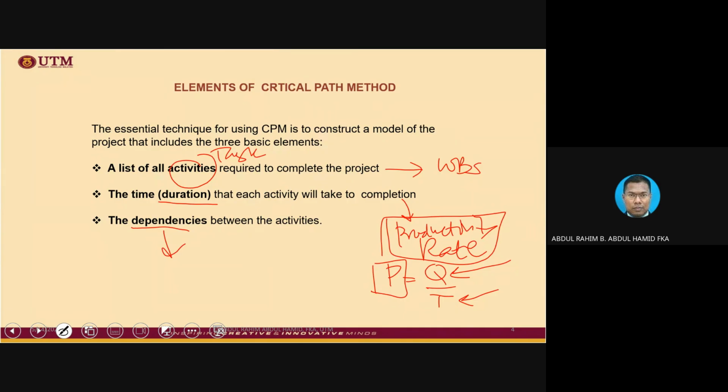For instance, we want to put in between such an activity the curing time. That is a classic example of lag that we can incorporate into the relationship.